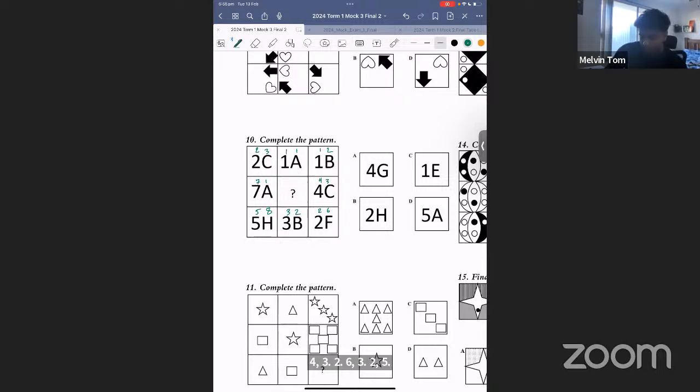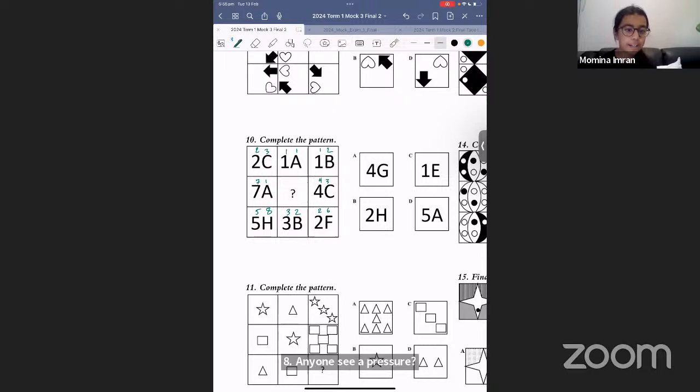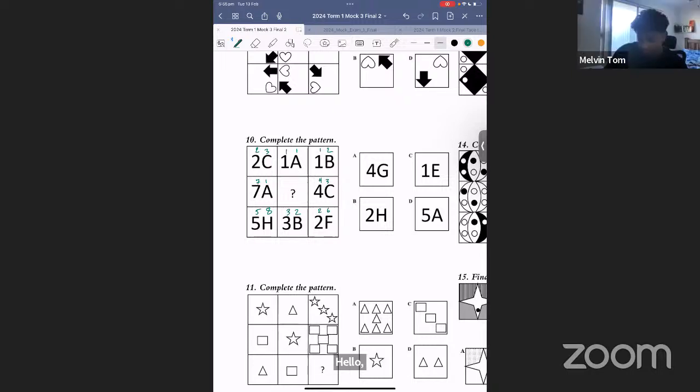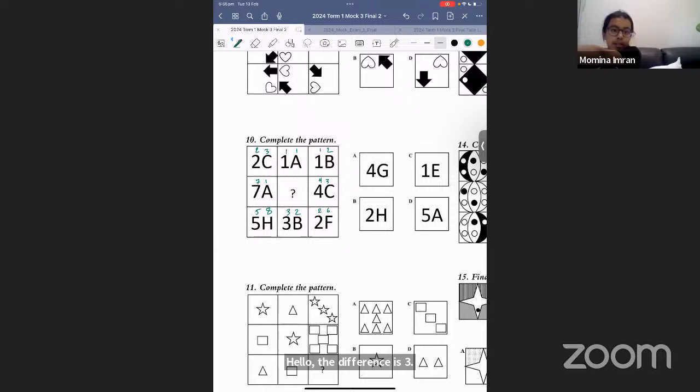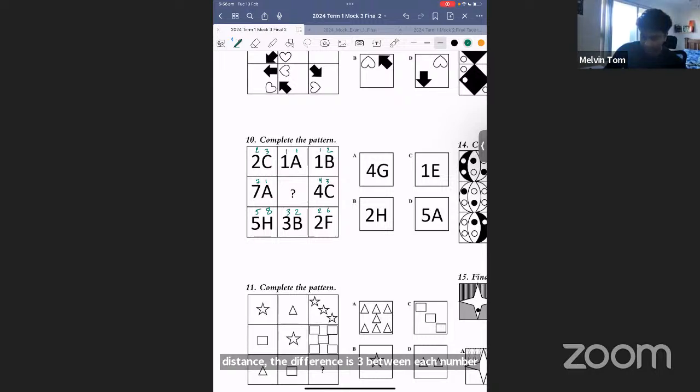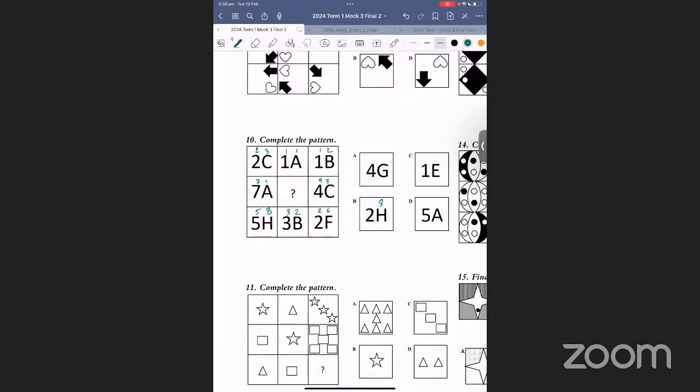Anyone see a pattern? On the bottom row, the difference is 3 between each number going that way. Good. And the answer is? Wait, Melvin, how's the difference 3 in each one? There must be a different pattern.